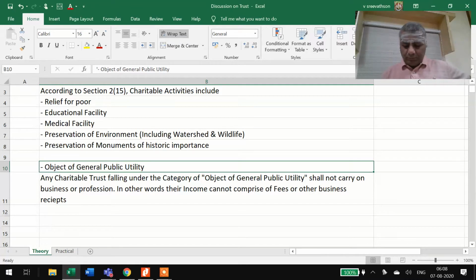Now, let us take that there is a Shivananda Gurukulam or orphanage, old age homes, which are being run as a trust. In the orphanage, there are some children who do some paintings, etc., and those paintings are displayed and sold.